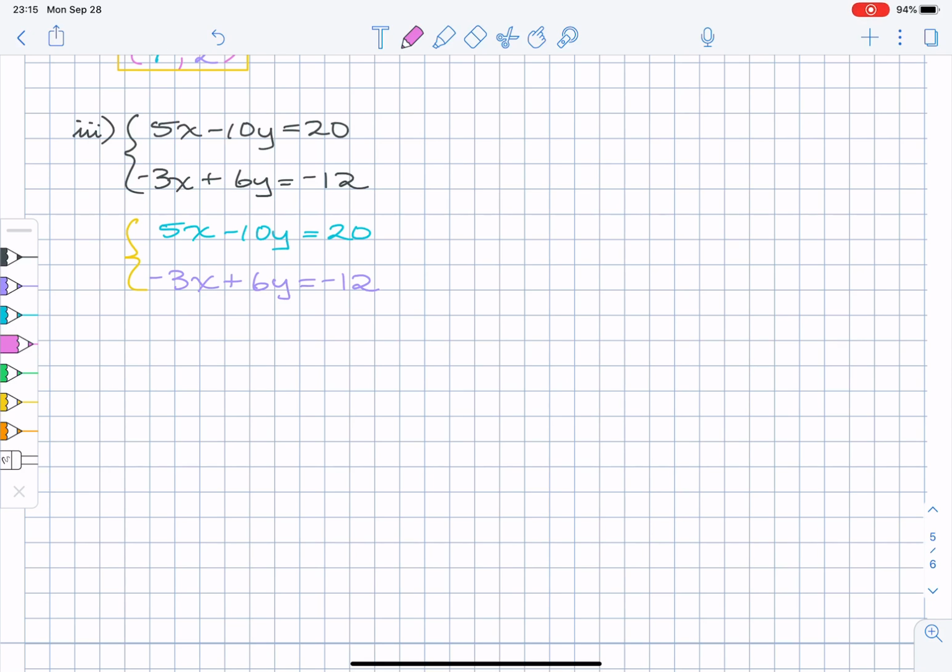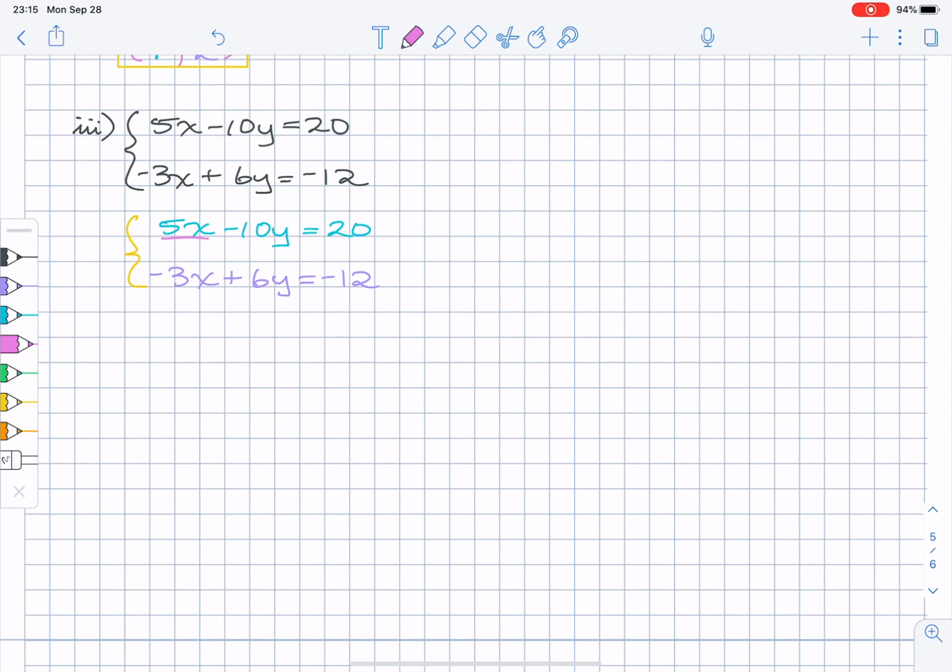Let's go ahead and divide the first equation through by 5, and the second equation through by 3, just so I can simplify my life, simplifying before I start multiplying big numbers like 20 and 12.